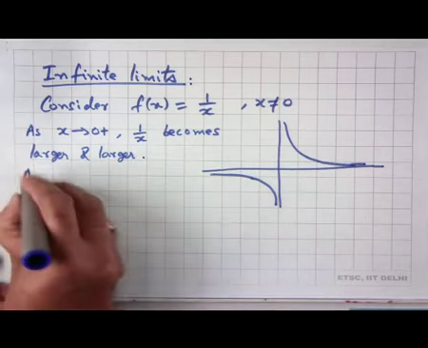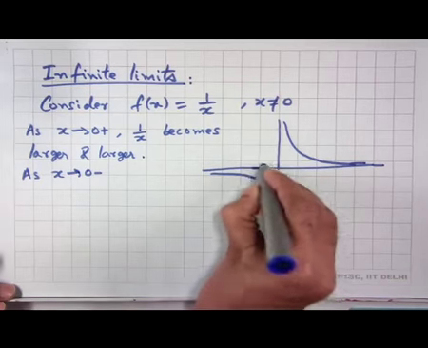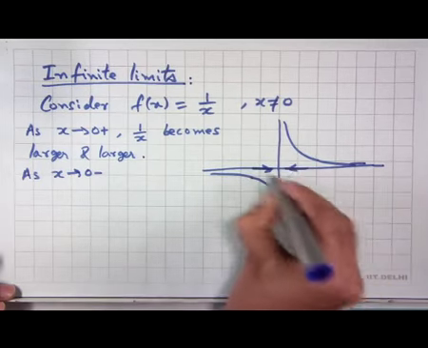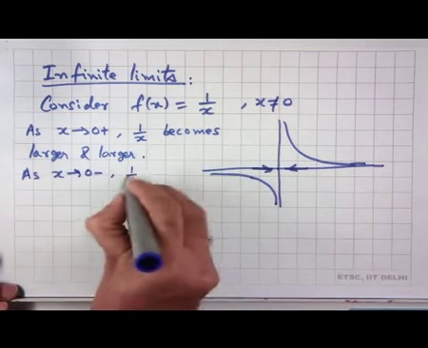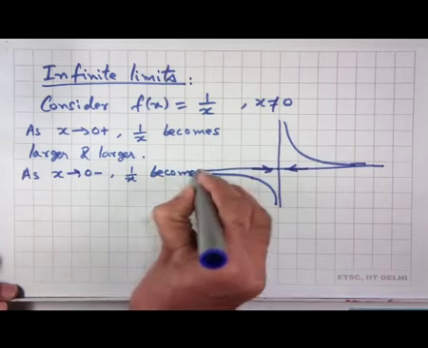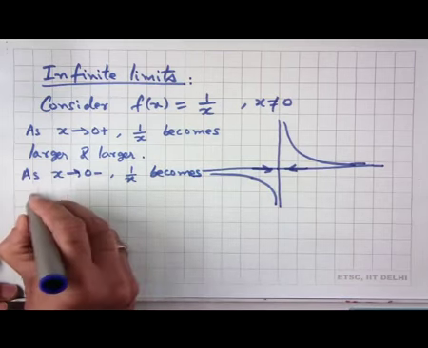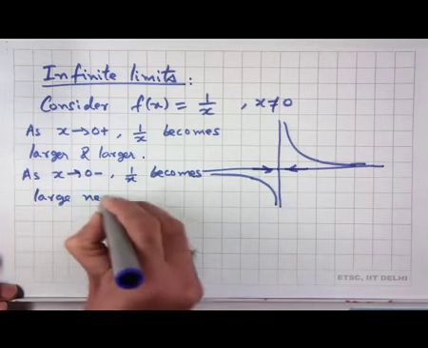And as x tends to 0 minus, that means if you approach 0 from the left, then 1 by x becomes a large negative number.